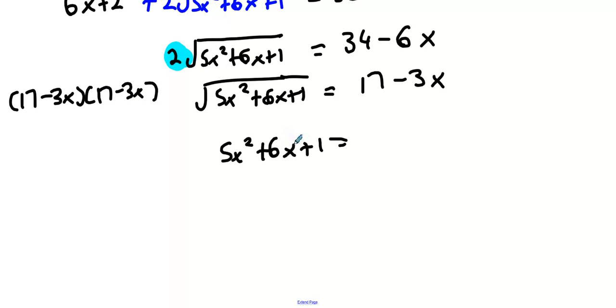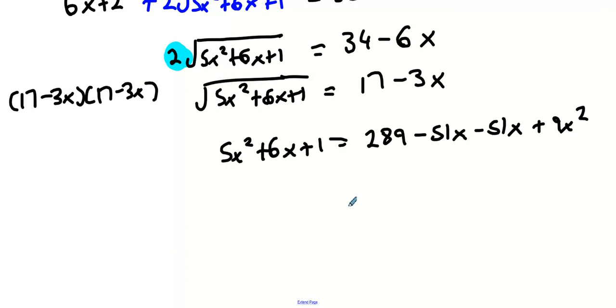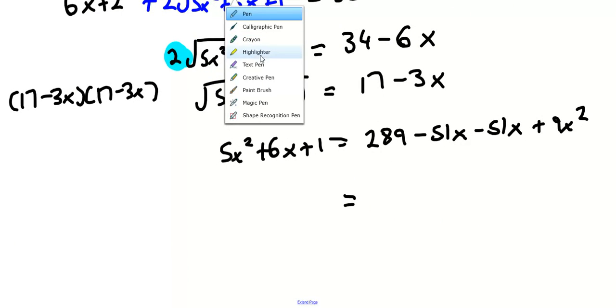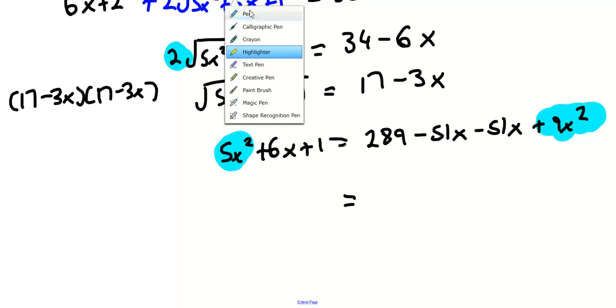So I think that's 17 times 17, 289, minus 51x, minus 51x, 9x squared. Right, guys? Now, lads, I'm interacting the 9x squared. This 5x squared, when it goes over the other side, is going to take away from the 9x squared.